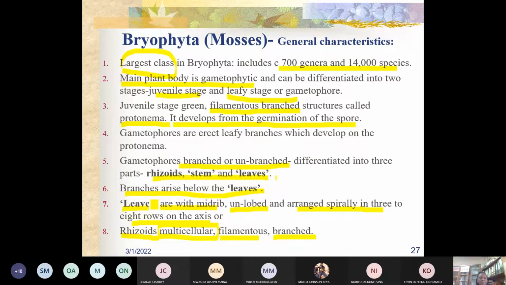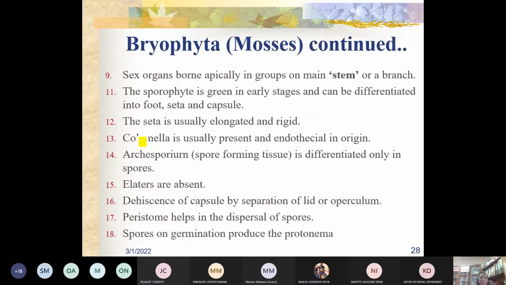So the rhizoids are now multicellular and branched. What about the sex organs? We're still looking at the gametophyte. So the sex organs are usually at the apex of the stem or of a branch. So they are apically arranged.